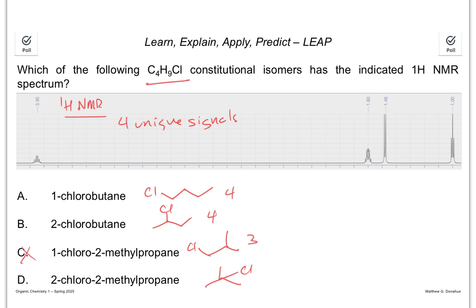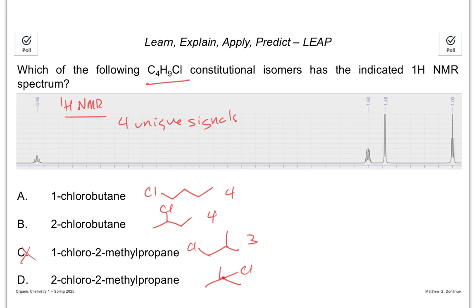And then 2-chloro-2-methylpropane has how many unique sets? 1? So again, don't get confused, it's a static drawing and that can confuse you.